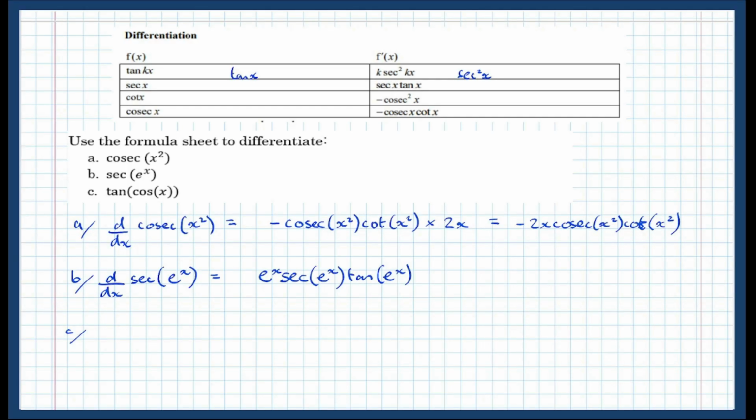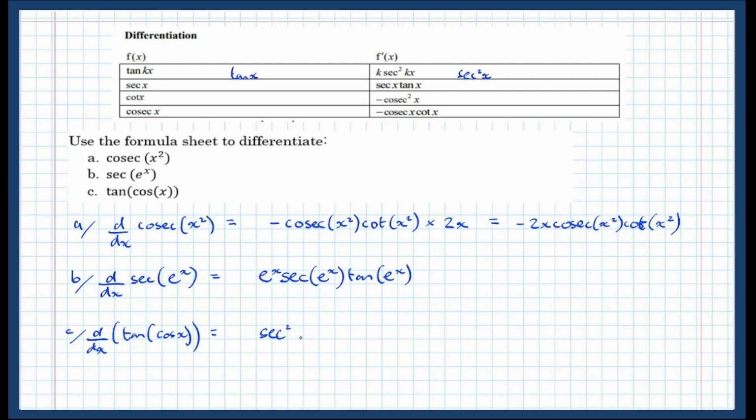So part C, tan of cos of x. So what we've got here, tan of cos of x, so if we differentiate tan, we get sec squared.